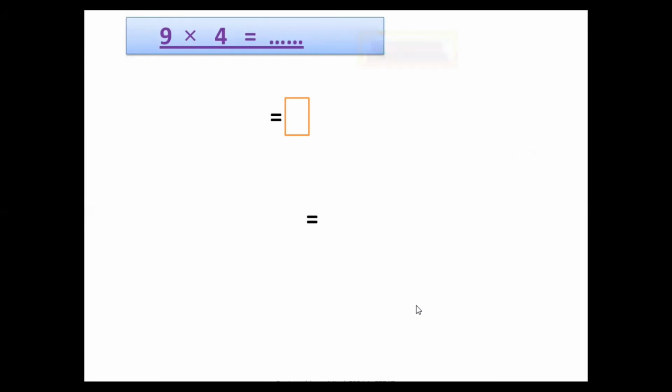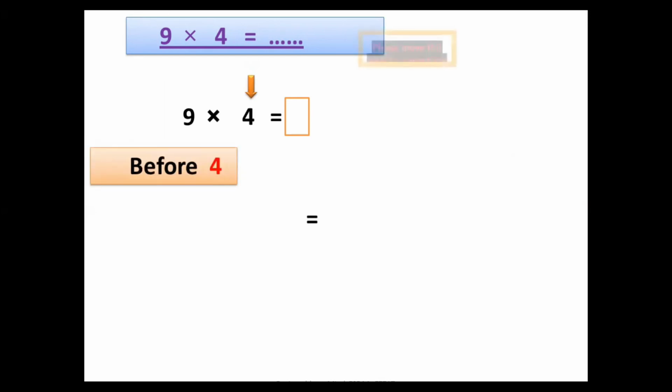Here is the fastest and easiest way to remember the 9 table instead of memorizing it. Say you want to multiply 9 by 4. What you have to do is take number 4 and find the number before it, which in this case is 3.